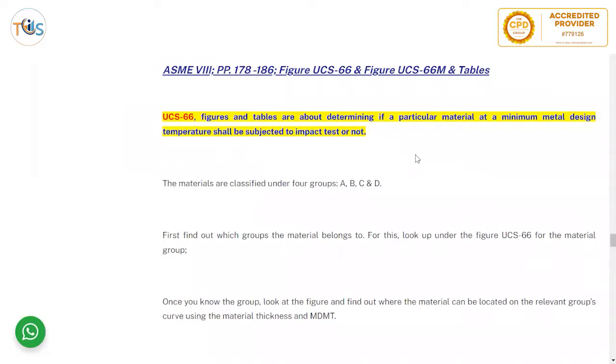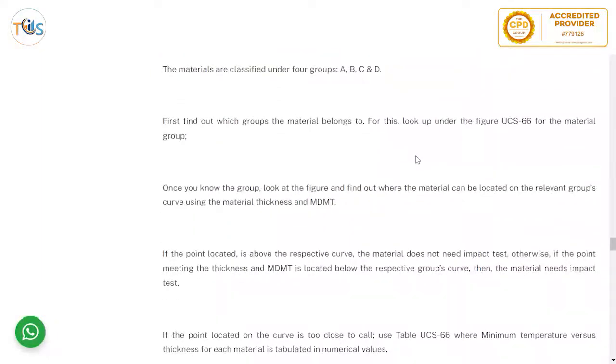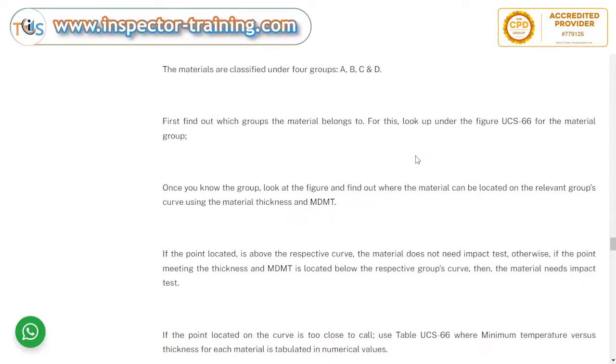This is about determining if a particular material at a minimum metal design temperature should be subjected to impact test or not. The materials are grouped under 4 categories, A, B, C, D. Find out which group the material belongs to. For these, look up under figure UCS 66 for the material group.